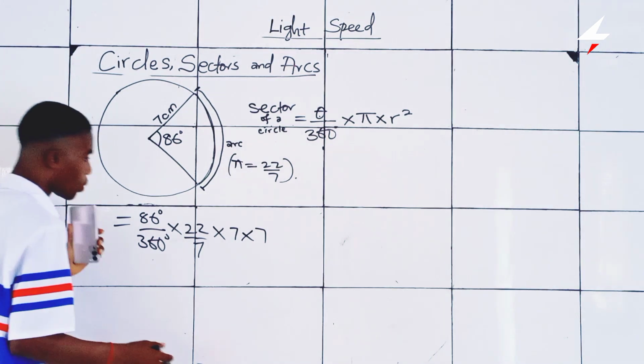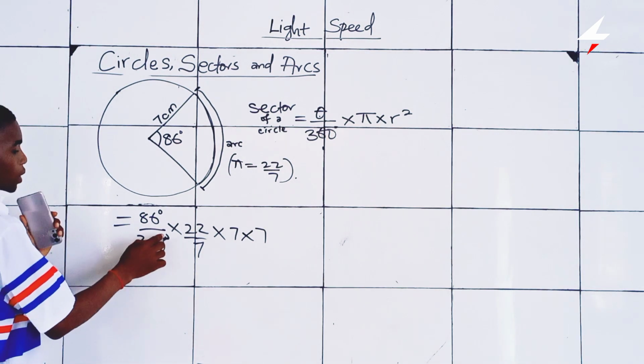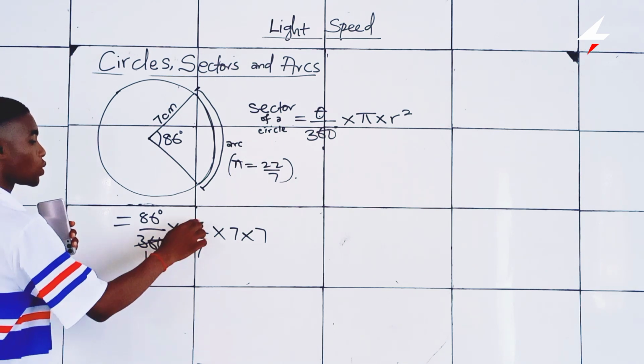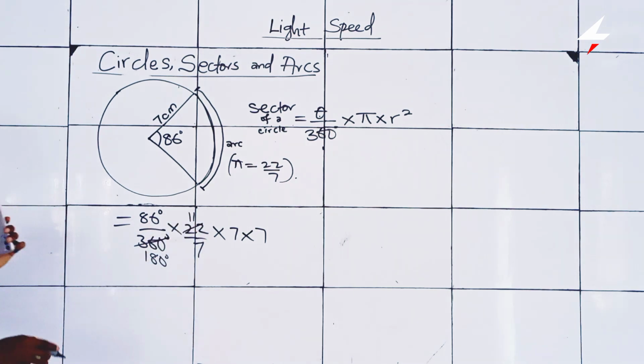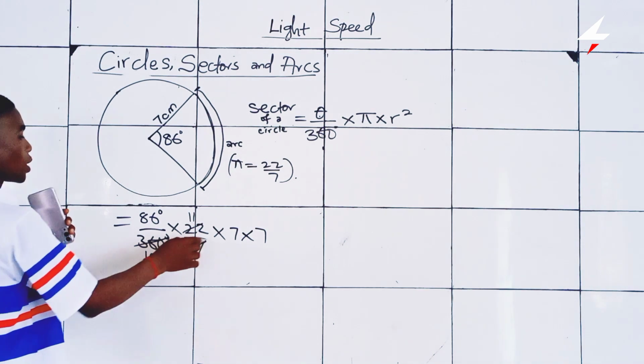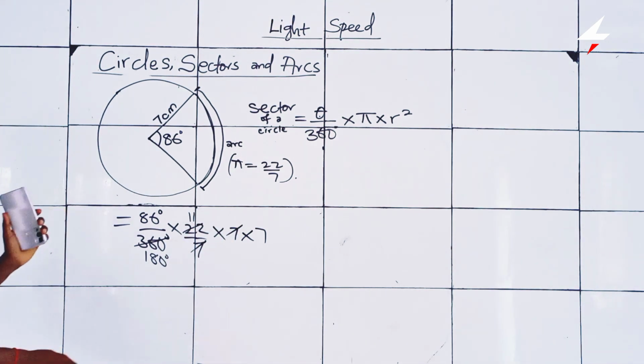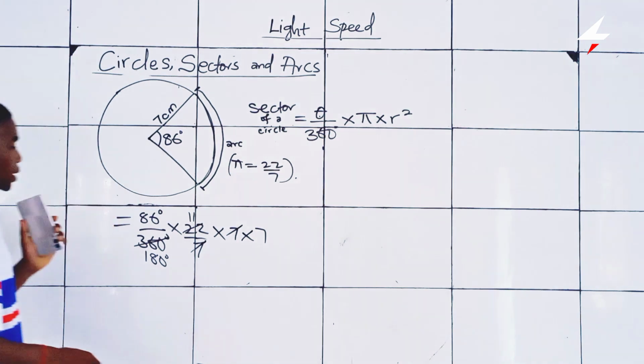So let's see what we can do. I guess 2 can go here. 2 into 360 would give us 180, and when 2 goes into 22, it gives us 11. The 7 here is gone, the 7 there is gone, so we're left with 7, 180, 11, 86.